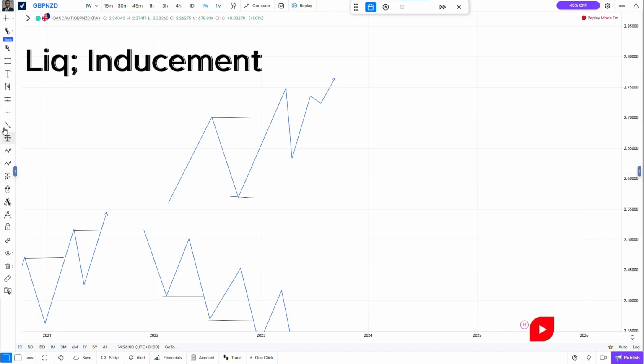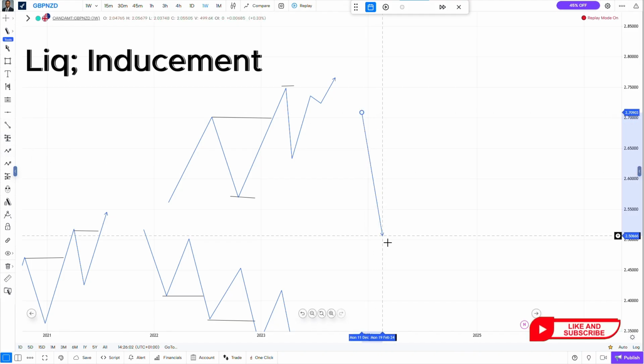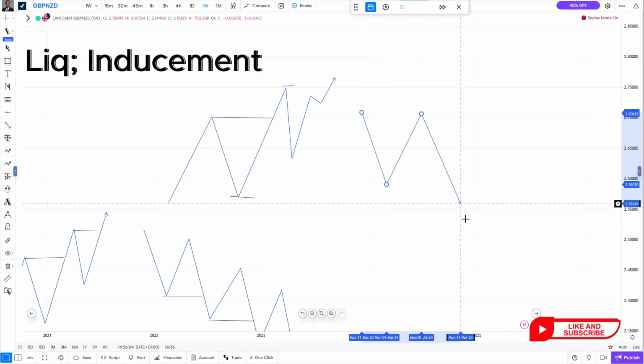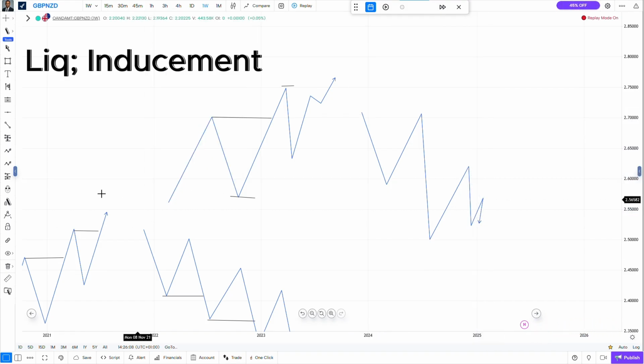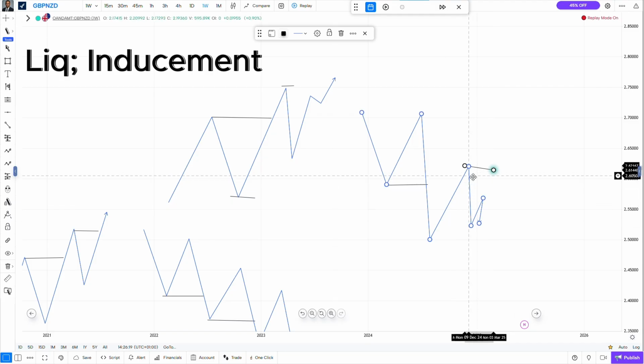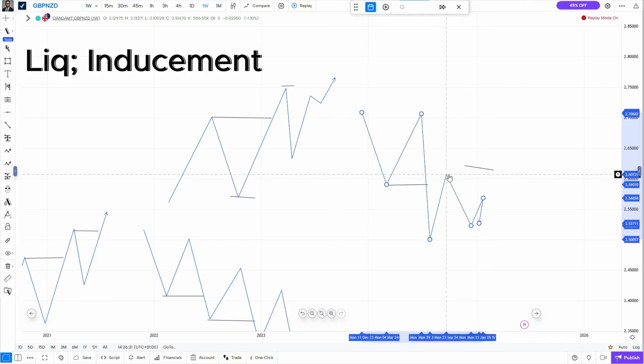The same thing is applicable to the market breaking structure to the downside. You see that there is a breakout structure to the downside. The first pullback serves as my inducement. You can clearly see the market broke structure to the downside. Now this first pullback becomes my inducement, and don't forget, the first pullback must be at least 50% of the range.